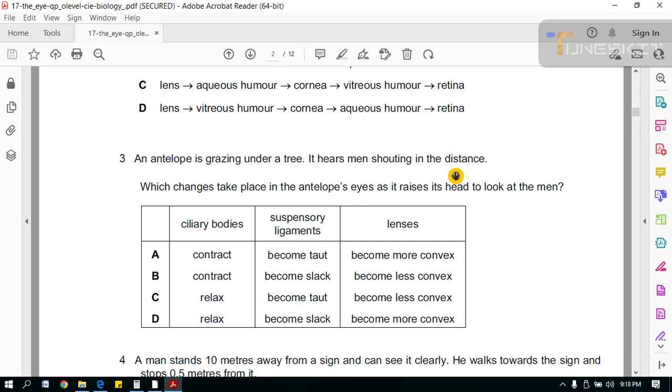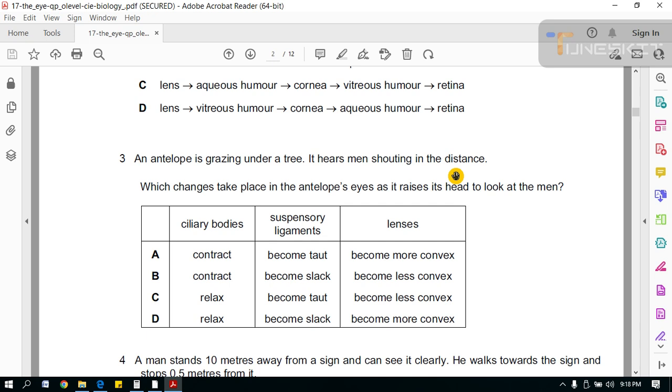One is ciliary bodies, suspensory ligaments, and lenses. All of these three structures, you must know where they are located and what their function is in the eye to see different things. Ciliary bodies are actually the ciliary muscles which are present on both sides of the lens.